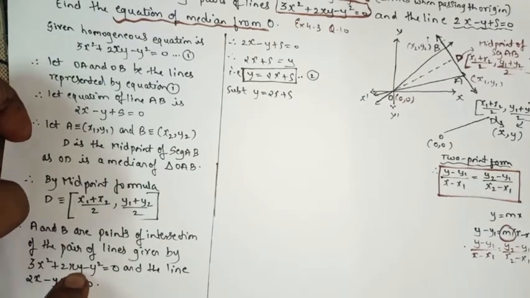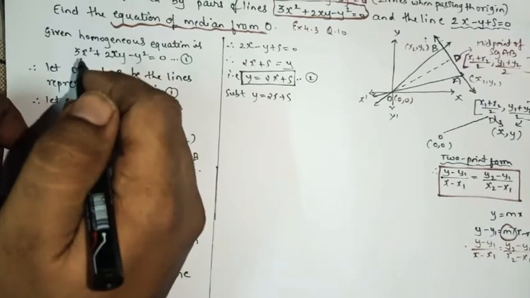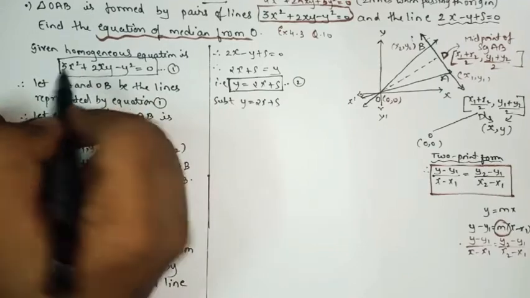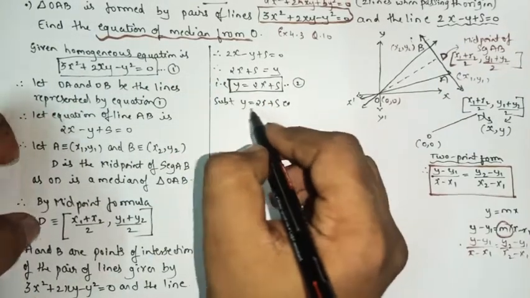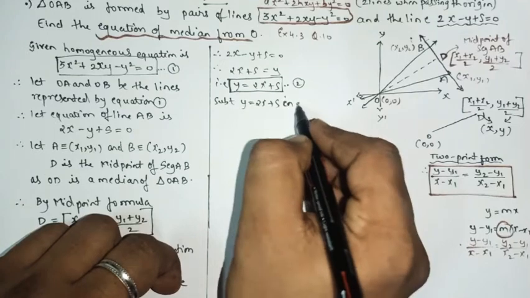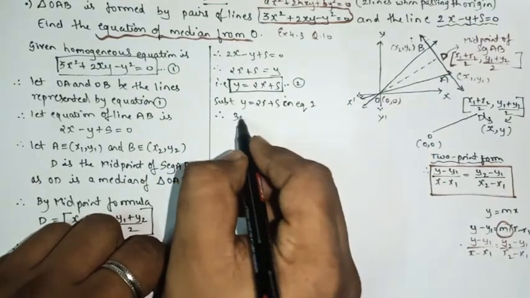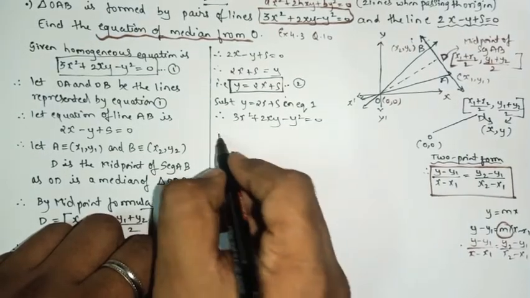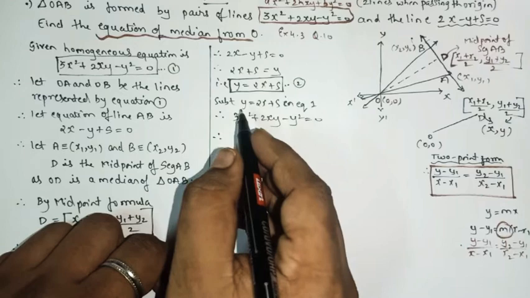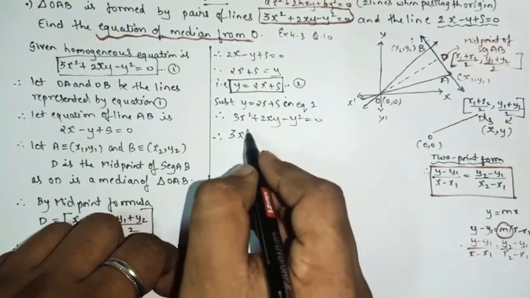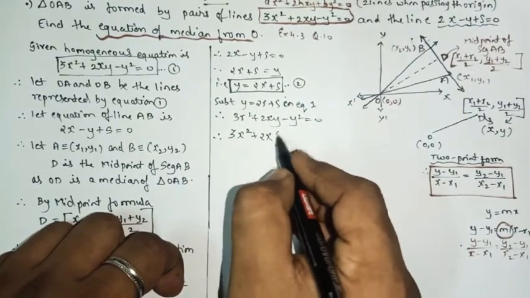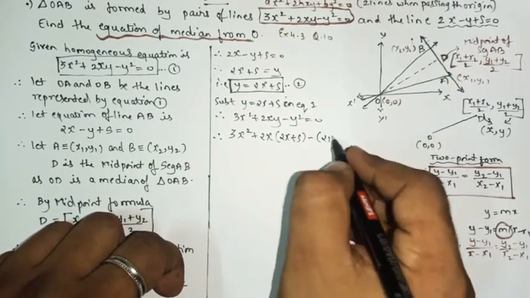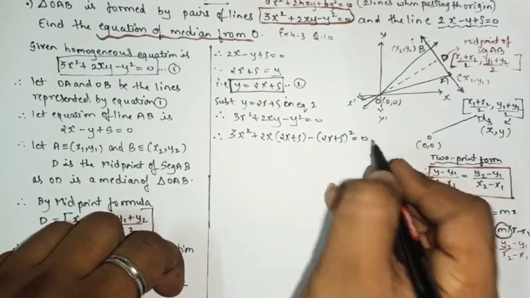So substitute the value of equation number 2 in the quadratic equation, which is equation number 1. So therefore 3x square plus 2xy minus y square equals to 0. We have the value of y here. So we'll keep 3x square as it is, 2x as it is, y is 2x plus 5, minus y square, so 2x plus 5 the whole square equals to 0.